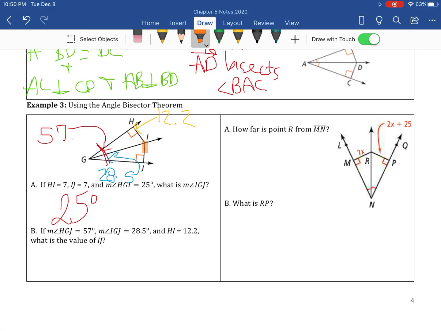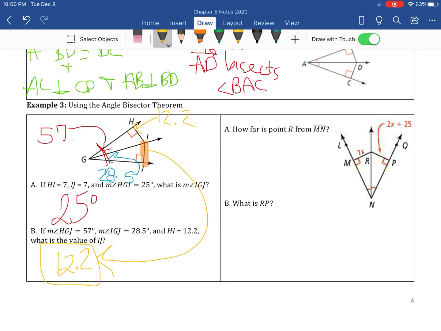What it's asking for is just this segment right here. Well, we've already established that it is an angle bisector, and so 12.2 is my final answer. It has to be the exact same as what's above.